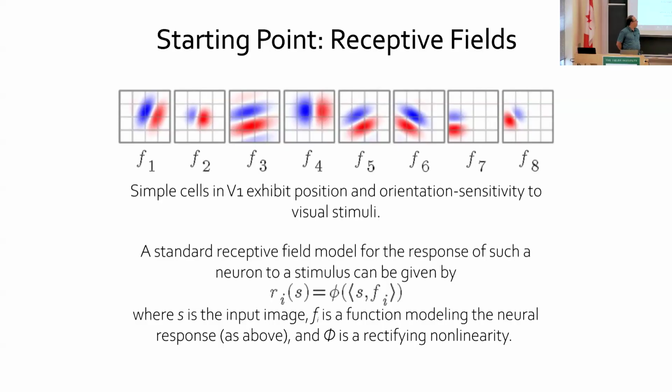The rate of the ith neuron given a stimulus is some rectifying nonlinearity applied to a pairing between the stimulus and this particular function. The pairing can be as simple as just a convolution or whatever you feel like putting in there, depending on your choice of model. I don't want to be light on the details today. But if we do this in computational neuroscience, this is how we use these.